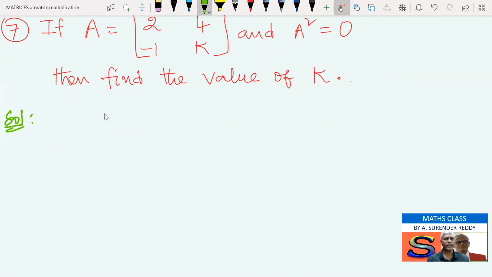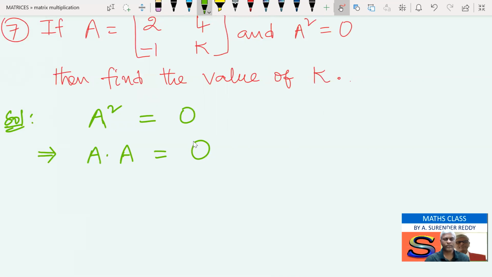Now let us take the given condition, that is A square is equal to 0 matrix. So what is A square? A into A is equal to 0 matrix.